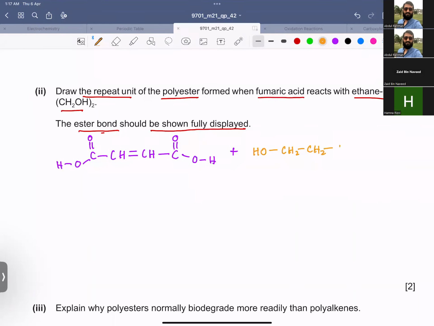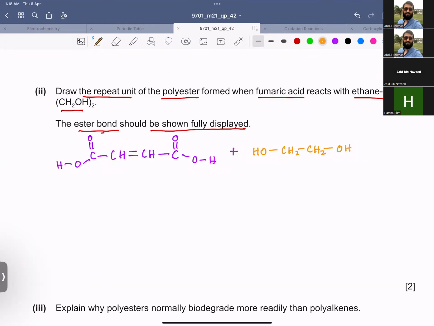It is ethane 1,2 diol. Yes. Give me a minute, please. Okay.